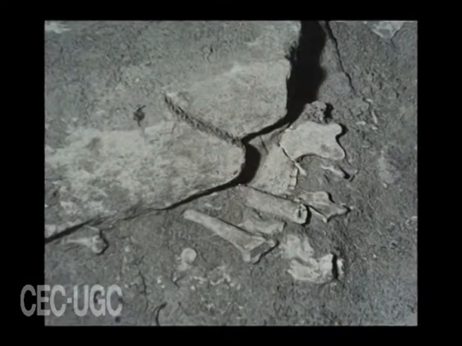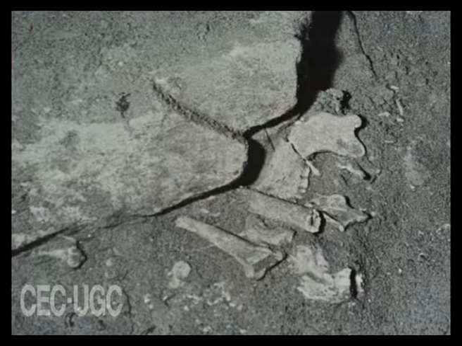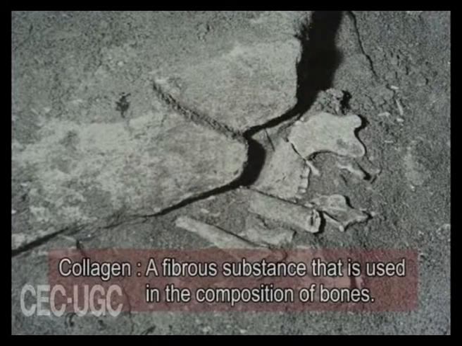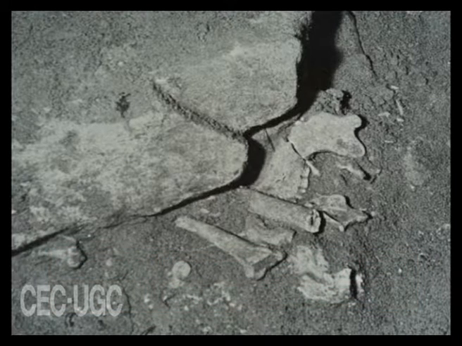Unburned bone contains a substance called collagen, which is rich in carbon, and this can be extracted and dated. The amount of sample required for radiocarbon dating is different in different laboratories.